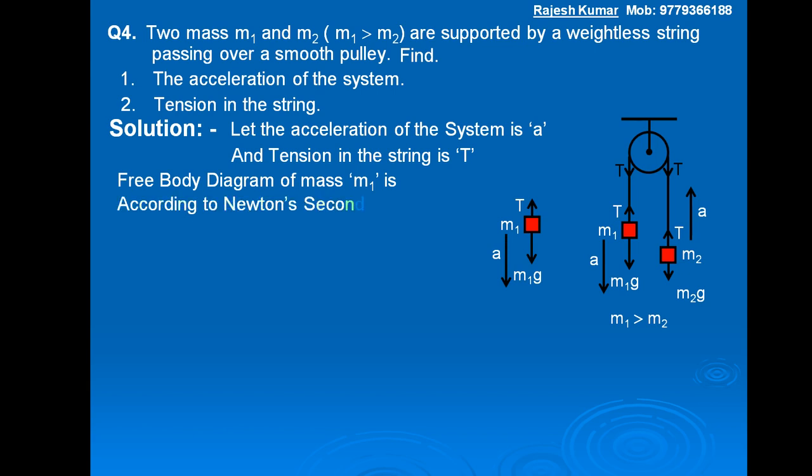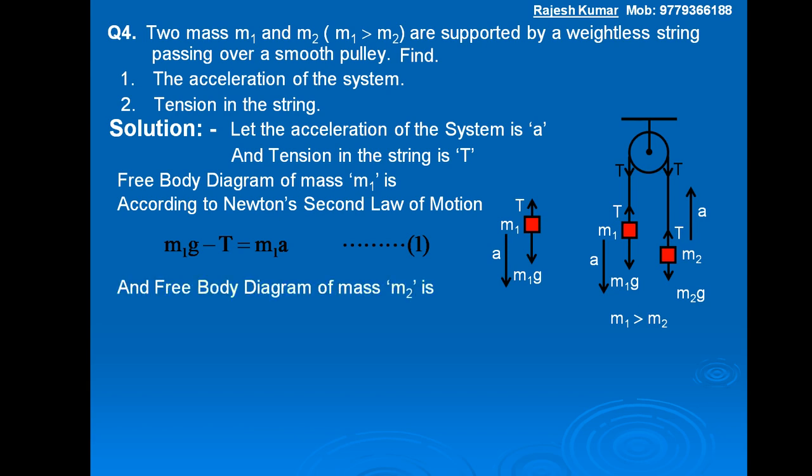Now according to Newton's second law of motion, the net force acting is equal to mass into acceleration. Net force is M1G minus T, as they are opposite in direction, and is equal to mass M1 into A acceleration. Let it be equation number 1.